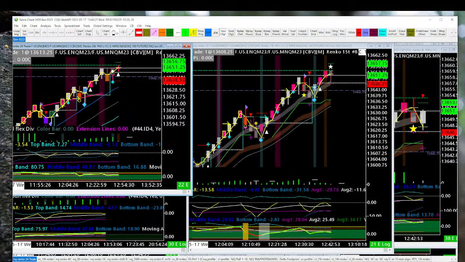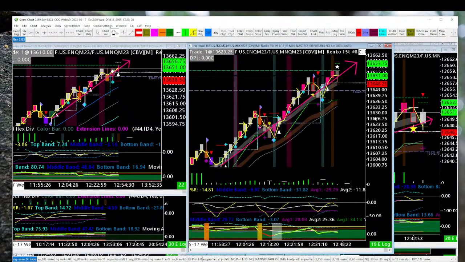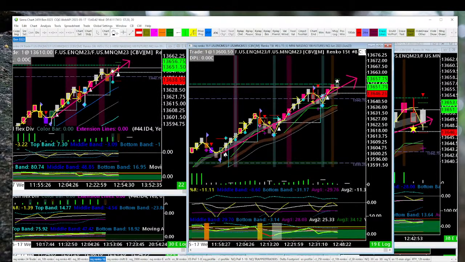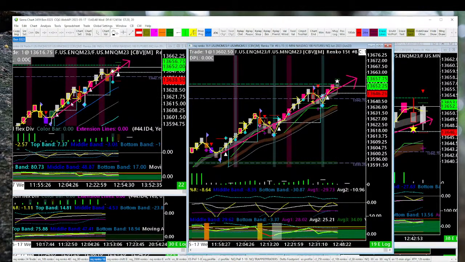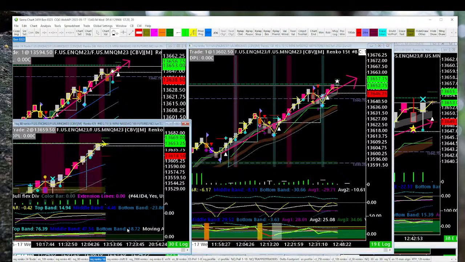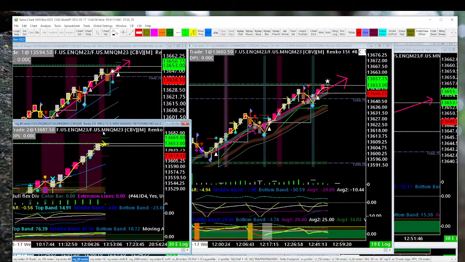So you're not going to get as many bars on this chart when you look at the same period. Like if I look at this period, you get way more bars on the 15 tick, and quite a few less bars on the 24 tick. So it's kind of like a time frame difference, and it's fractal like that too.